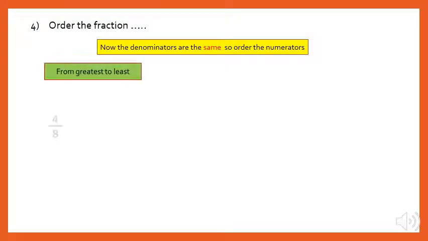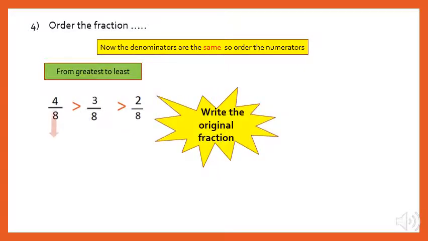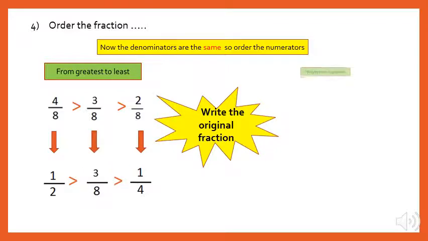Let's see here from greatest to least. You have 4/8, 3/8, and 2/8. But I want you to write the original fraction for each one. 4/8 was 1/2. 3/8 did not change, and 2/8 was 1/4. Now we ordered them.